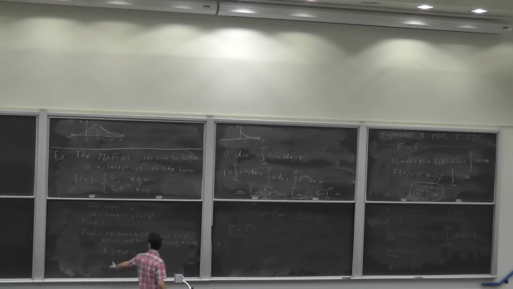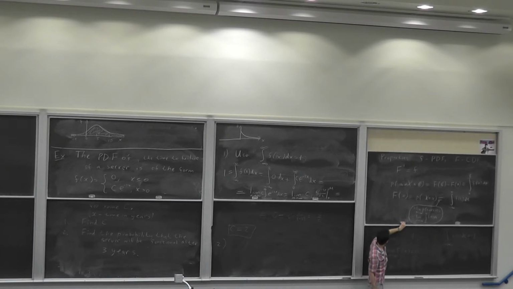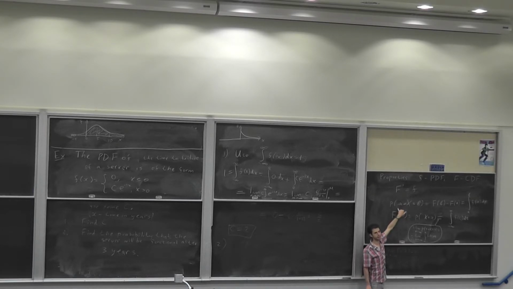Alright. Let's find the probability that the server will be functional after 3 years. So what is it in terms of this density function? It's a question of this kind.